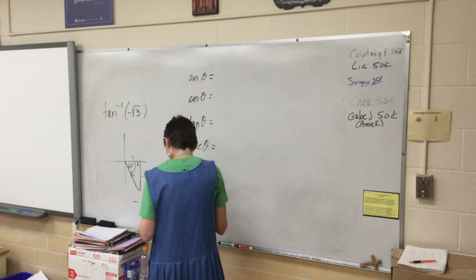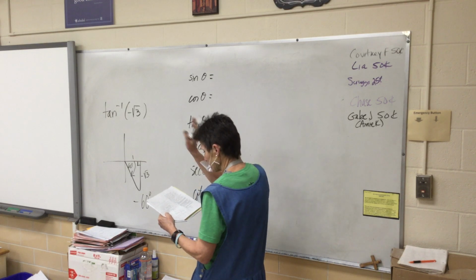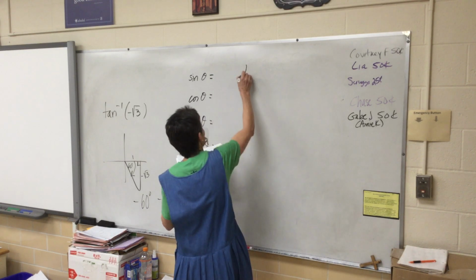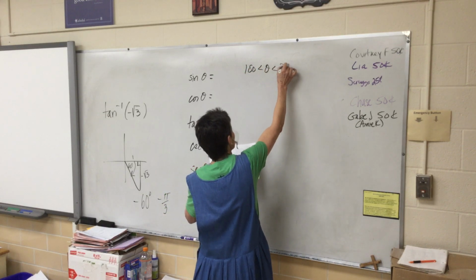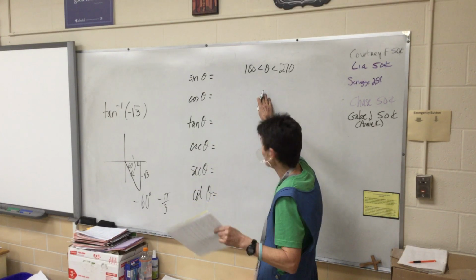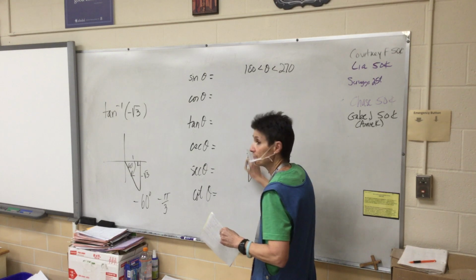And they have to give me something, so what did they give me? Oh, I'm using thetas, they use x. Sorry about that. They tell me I am between 180 and 270, so what does that tell me? I'm going to draw my triangle, and it's going to be in the 3rd quadrant.